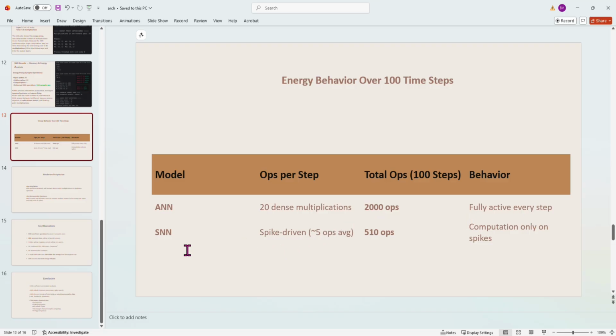Over 100 time steps, SNN performed only 510 operations. So now you can see an equal comparison between ANN and SNN, and you can realize the energy and memory usage between both of these models.